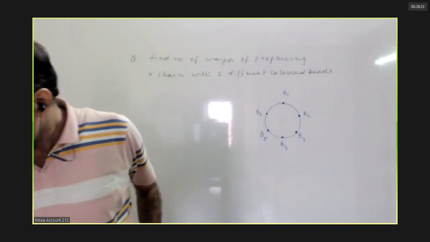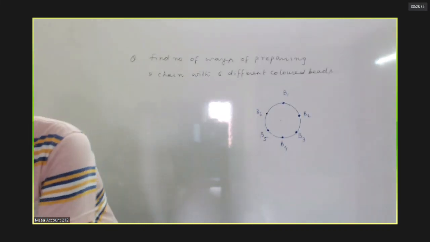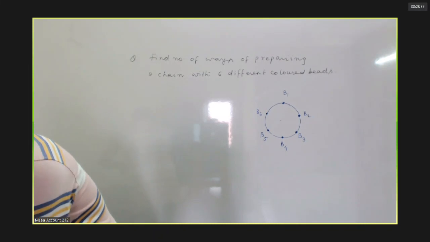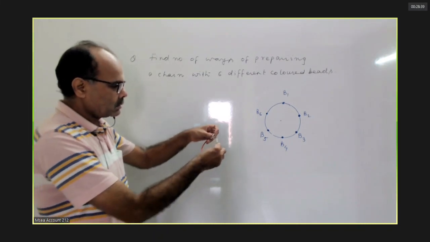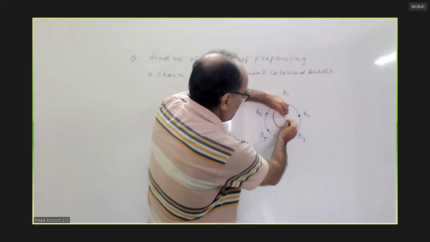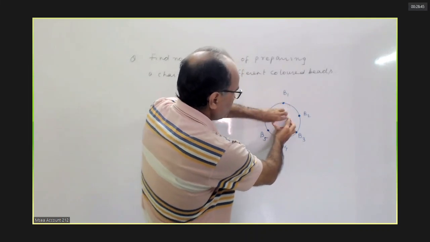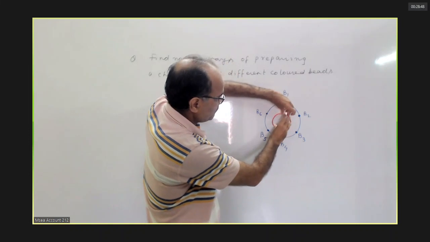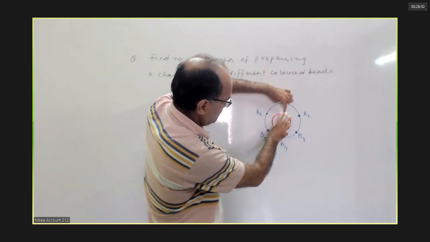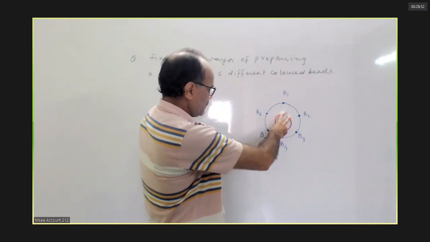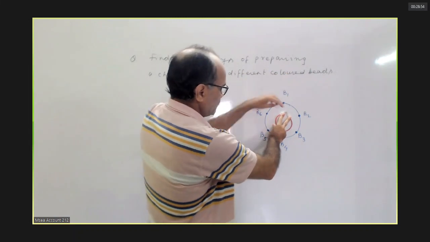Now, look here. Suppose this is the circular arrangement: B1, B2, B3, B4, B5, B6.